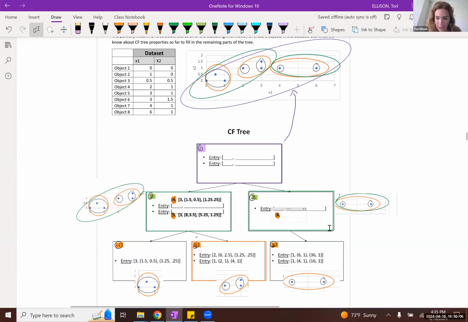So what we get is now a cluster with two observations with a linear sum of 10 and 2 and a squared sum of 52 and 2. Okay. And so this would be the clustering feature of this overall cluster here.